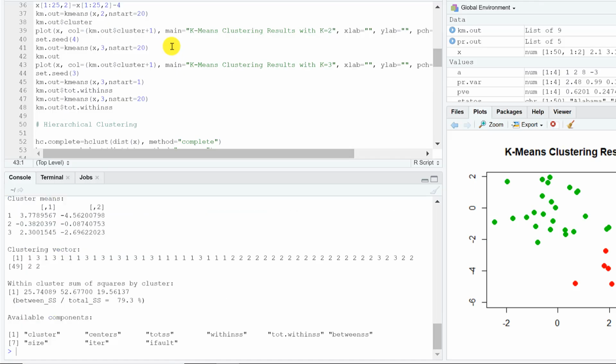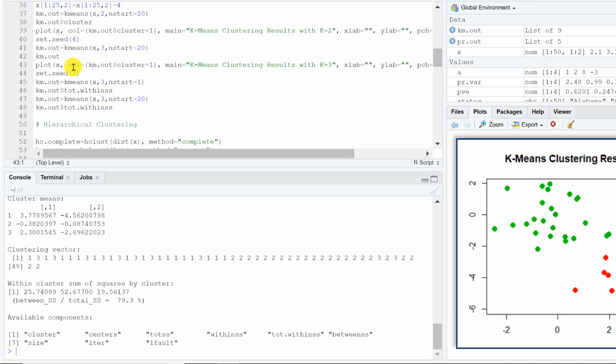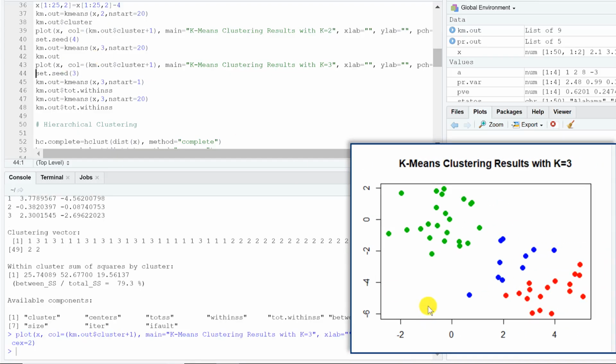So here are all the variable components that are included in the km.out, right? That's the output from k-means. And so we're going to plot this using our 3 classes, or 3 clusters, excuse me, there we go. And you'll see we have this green, this blue, and this red.